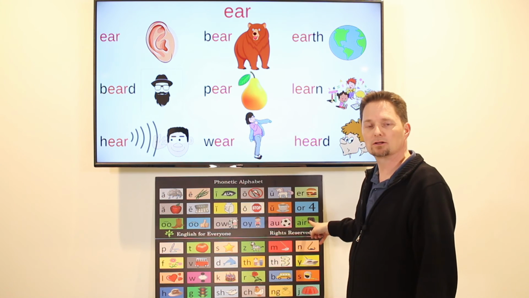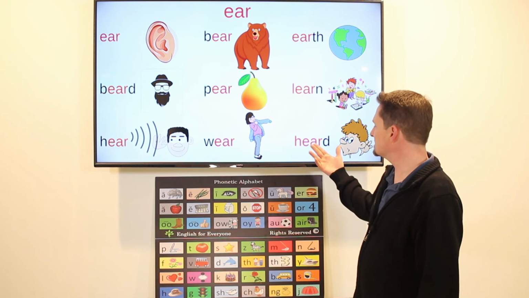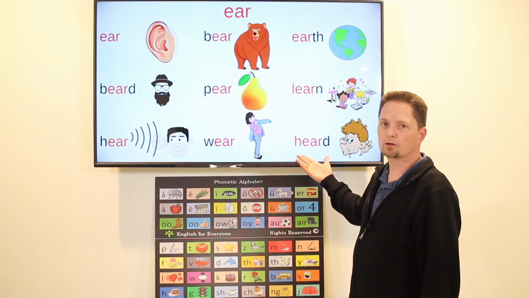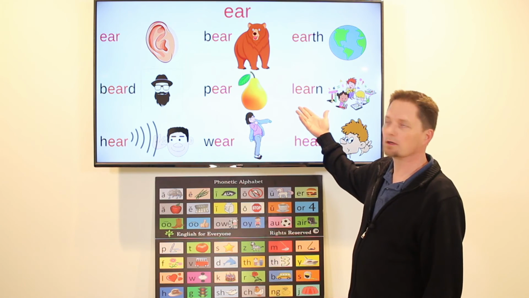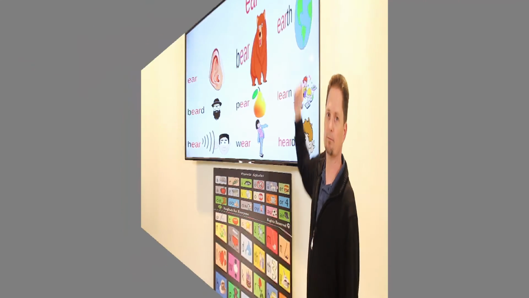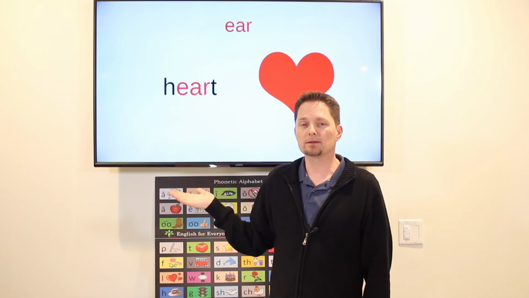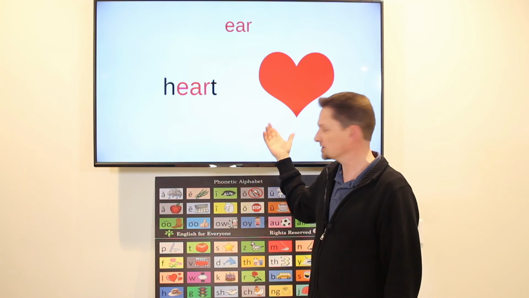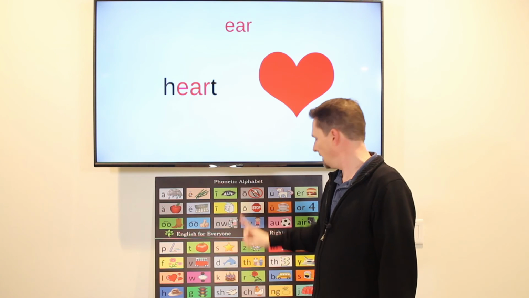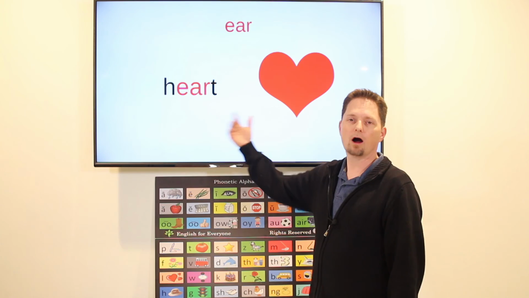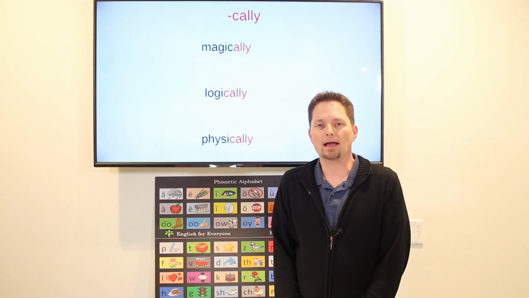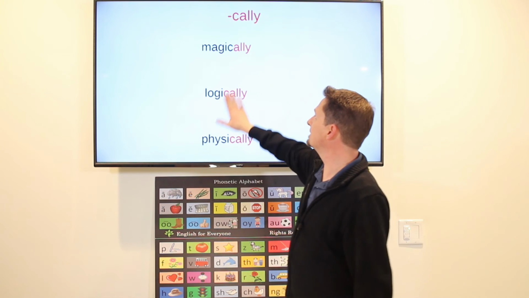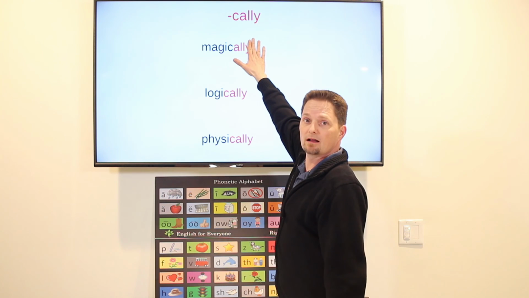Again, using the air sound. And sometimes it makes the sound like burger: herd, learn, and earth. And one more sound, sometimes EAR makes the sound R like heart. This sound here, heart.